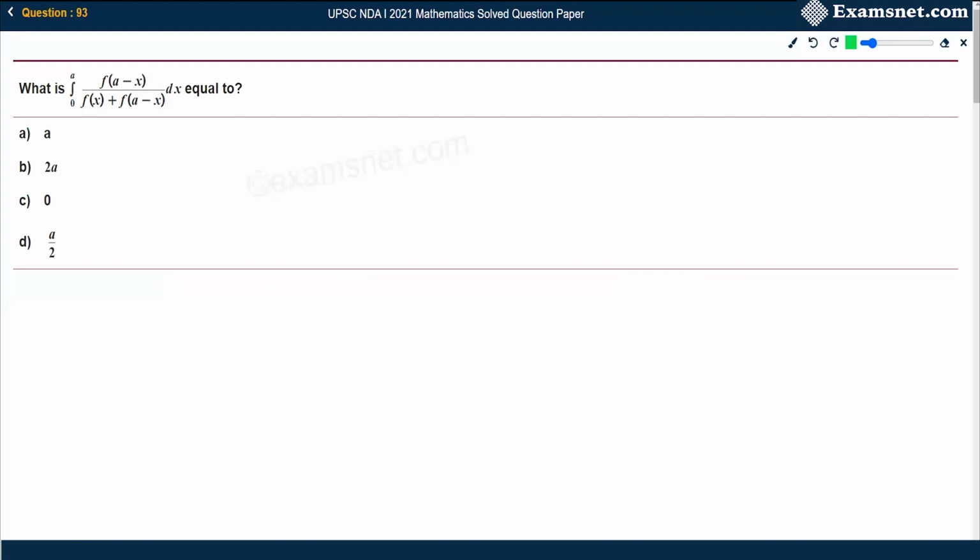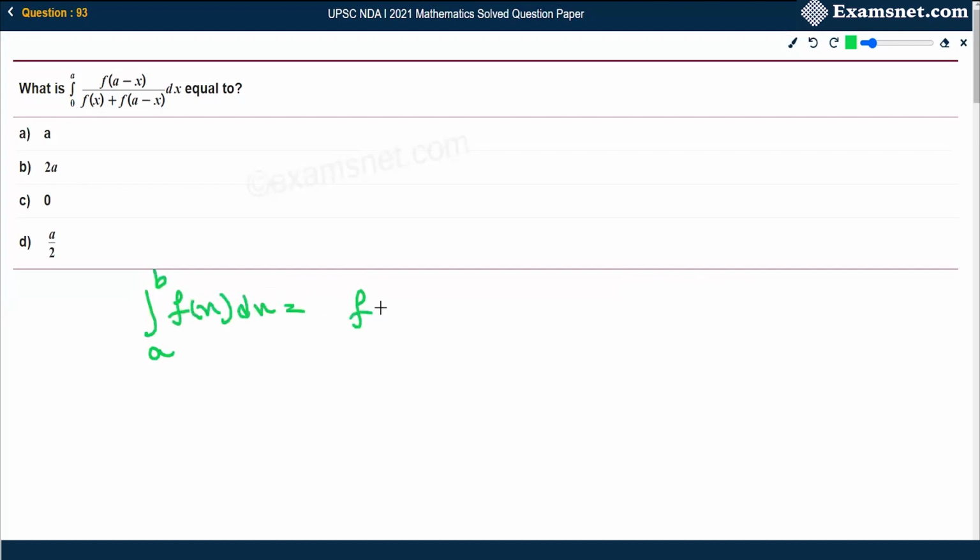In question number 93, there is an integral given, and we need to find the value of these integrals. Okay, this is a definite integral. So first we will discuss some rules or formulas regarding definite integrals. Let's say integral from a to b of f of x dx.